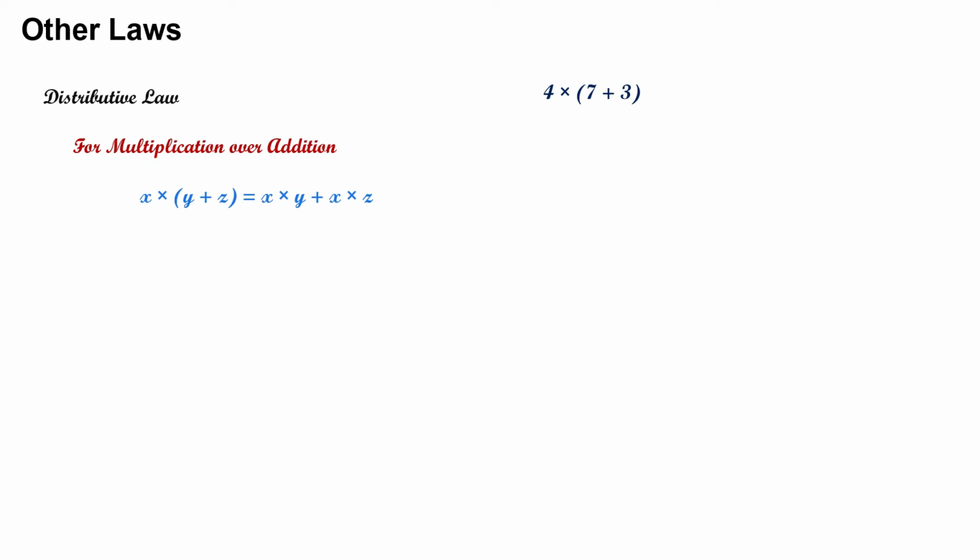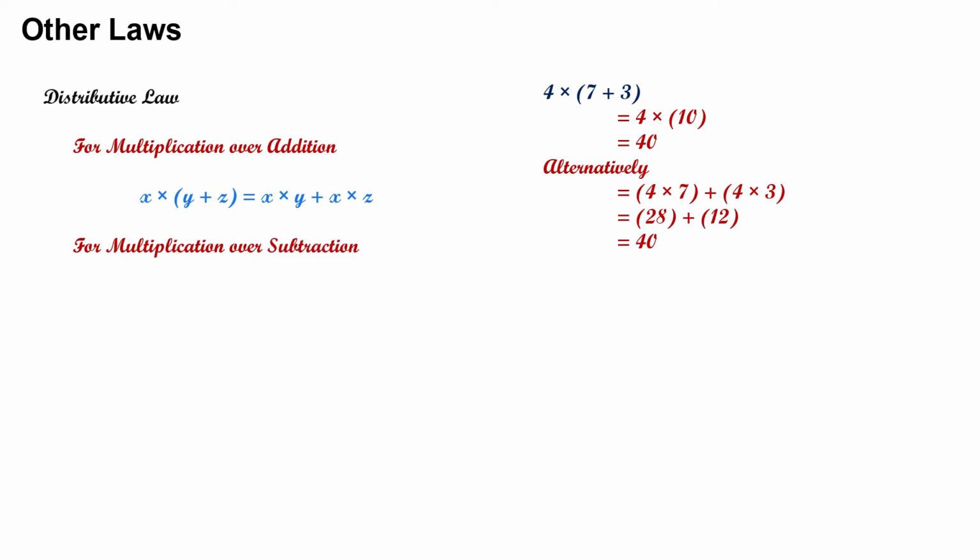So you can solve for 7 plus 3, that is 4 into 10. The answer is 40. Or alternatively, you can multiply 4 with 7 plus 4 with 3 individually and then you can add them up. 4 into 7 is equal to 28 and 4 into 3 is equal to 12. So you add them up and the answer is 40.